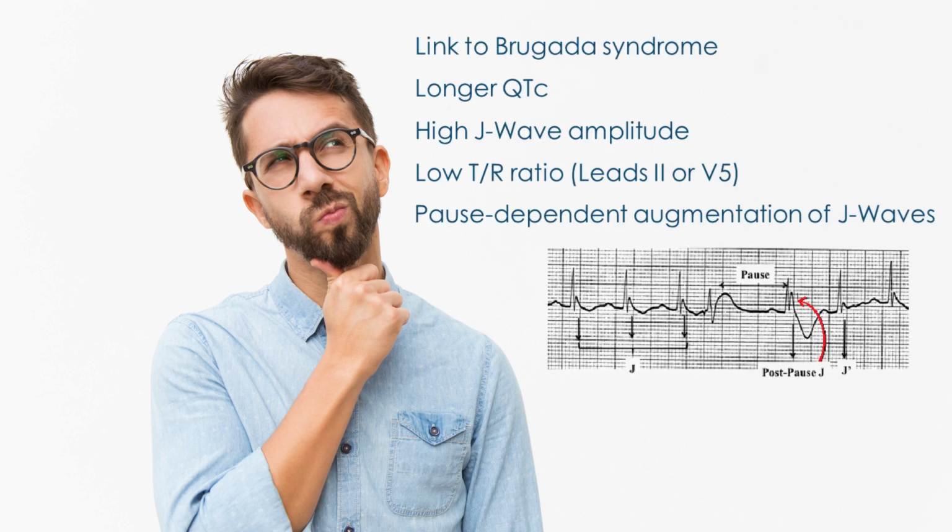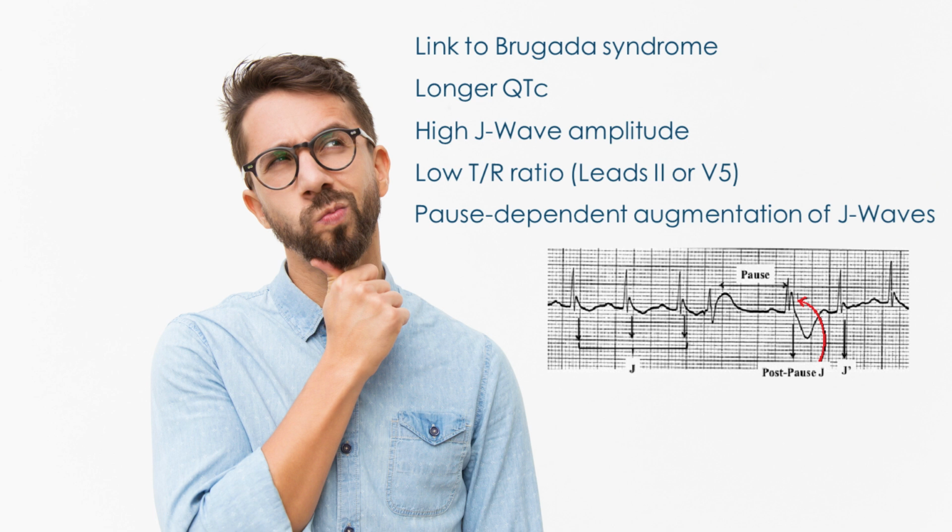If you dig around long enough, you might find some articles that mention malignant early repolarization. And this would refer to patients who are predisposed for idiopathic ventricular fibrillation. Some would say that it may even be linked to Brugada syndrome, which we'll talk about later.